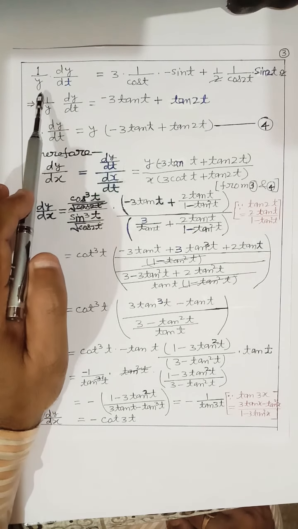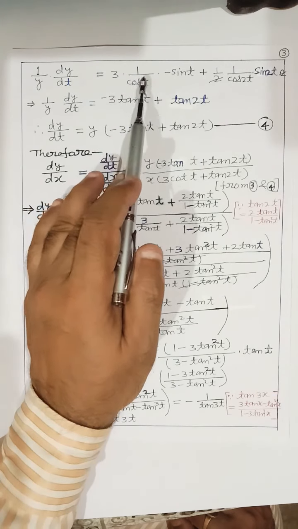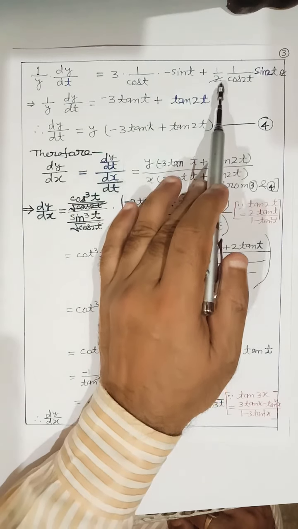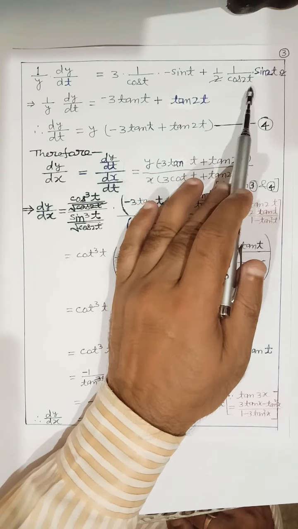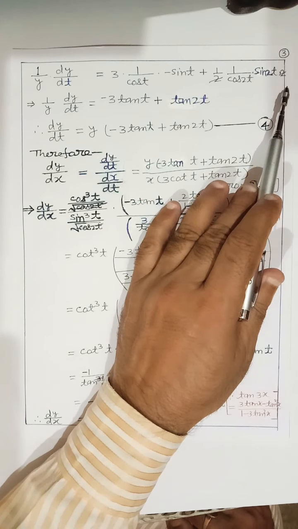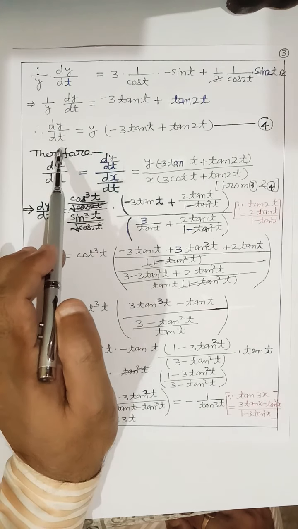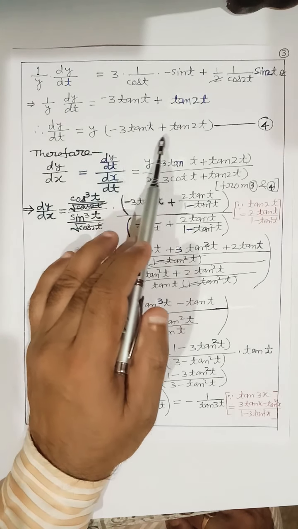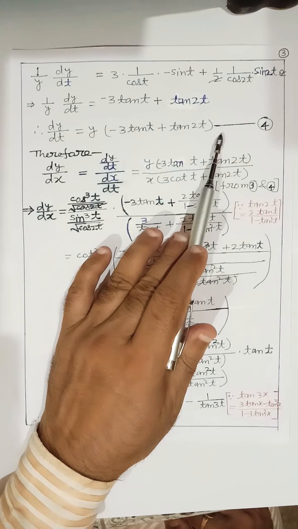We get (1/y) dy/dt equal to 3 into 1/cos t into minus sin t plus 1/2 into 1/cos 2t into sin 2t into 2, and finally we get dy/dt equal to y into (minus 3 tan t plus tan 2t). This is (4).